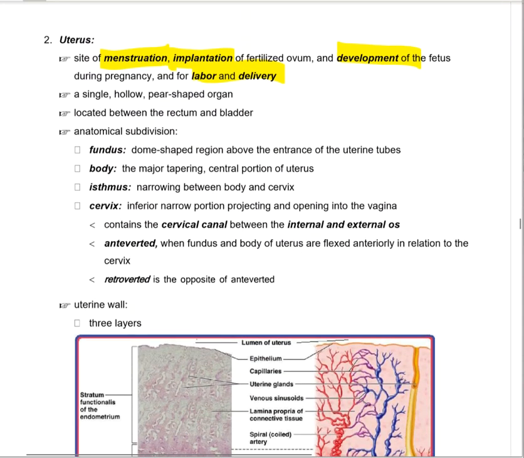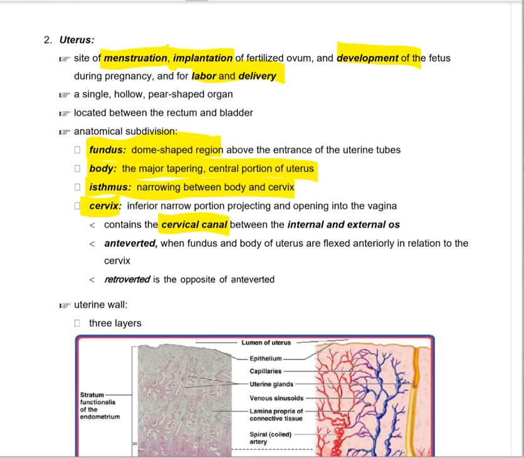And as I said earlier, and we'll just underline these, the dome-shaped region above the entrance is the fundus, the body is the main central portion, and the isthmus is the narrowing between the cervix and the body. And the cervix itself has the cervical canal, and the openings are called the internal and external os, which are the two openings.